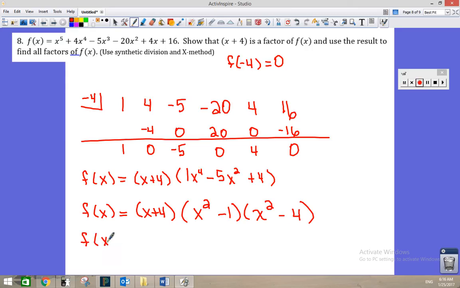And now, since we have a difference of squares, we can factor this to x plus 4, x plus 1, x minus 1, x plus 2, and x minus 2. So we have factored it completely.